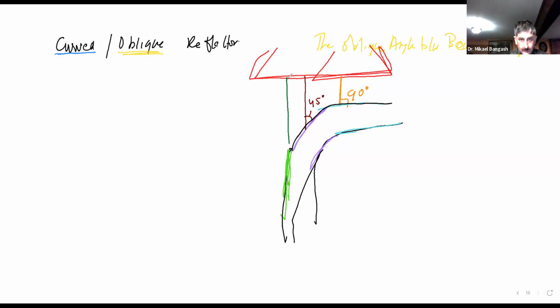We may have a total of, let's say, 180 degrees. Did you guys get that?